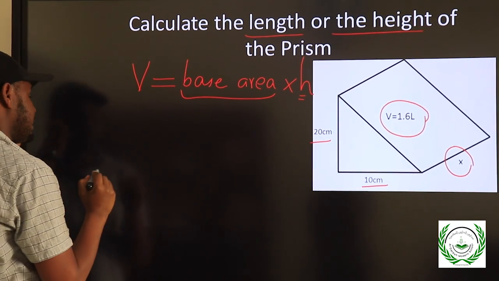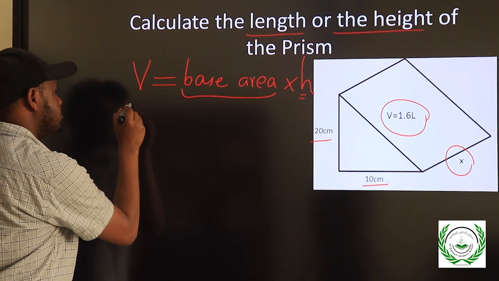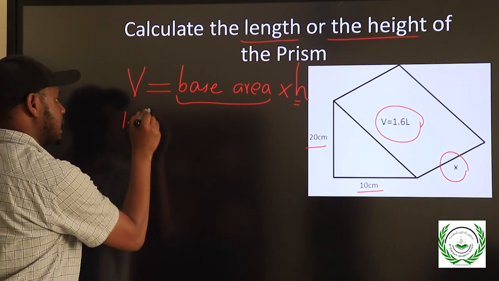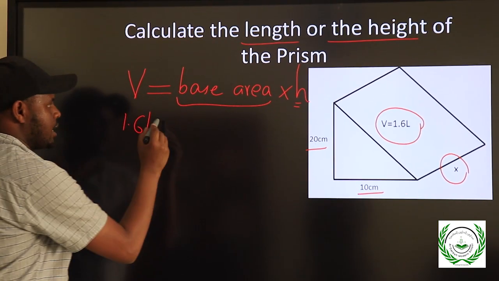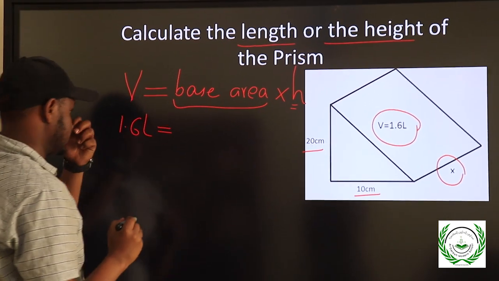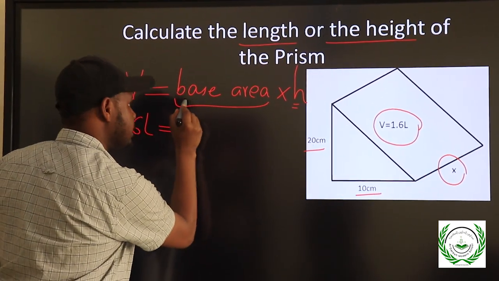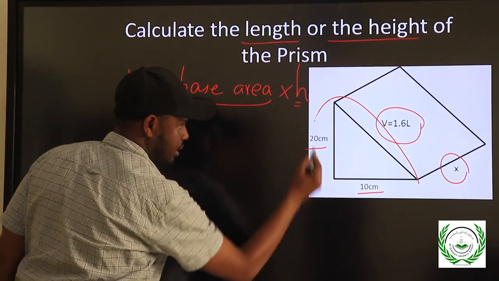Here, the volume is 1.6 liter. Is equal. Base area, this is triangle, you know here.